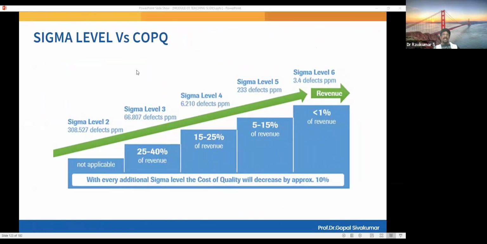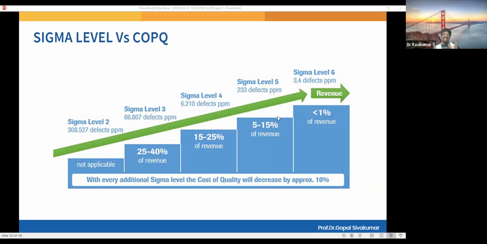At the end of the day, when it comes to COPQ, it is eating your profit, guys. Cost of poor quality, that is defects, is eating your profit. When you are at Sigma level 3, with 66,807 defects per million opportunities (DPMO), it is going to eat your profit by 40%. At Sigma level 4, it eats your profit by 25%. At Sigma level 5, the profit is eroded by 15% because of cost of poor quality.